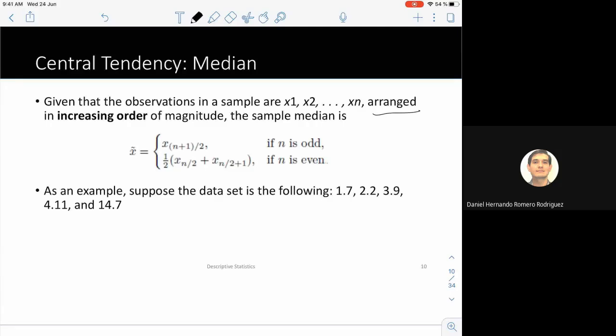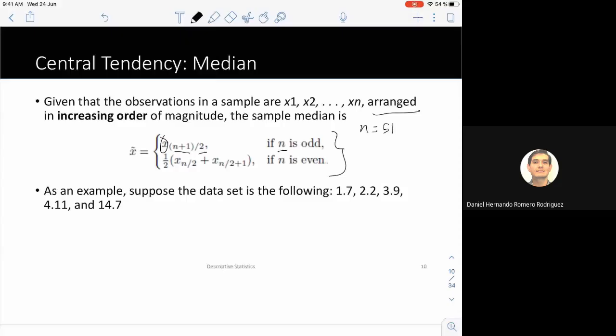And then there are two rules here. If the number of observations is odd, then the way we compute the median is we take the observation that is in the position (n plus 1) divided by 2. So for example, let's say that n is equal to 51. So we have 51 observations, right? That's an odd number.